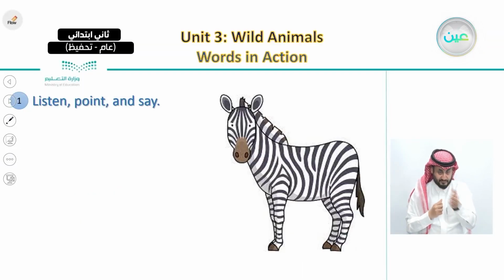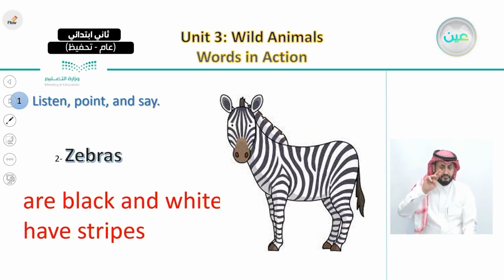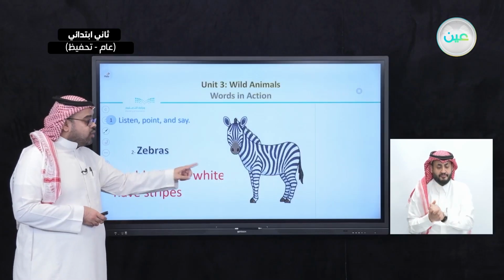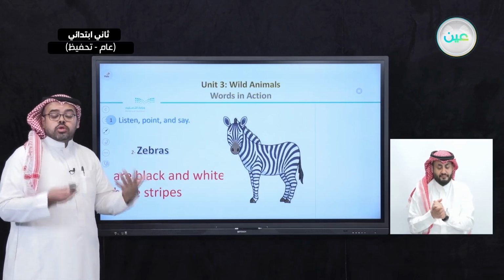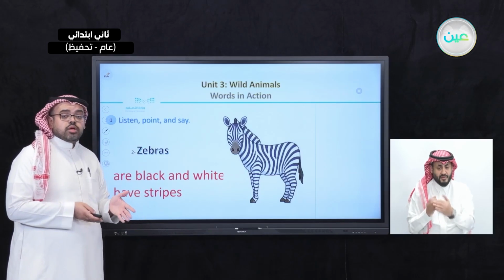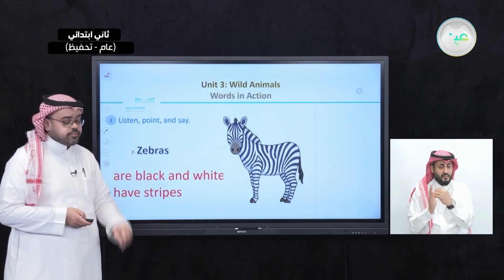Also, we described another animal, which is the zebras. We said that they are black and white, and also they have stripes. So we learn how to describe each animal by using two phrases.